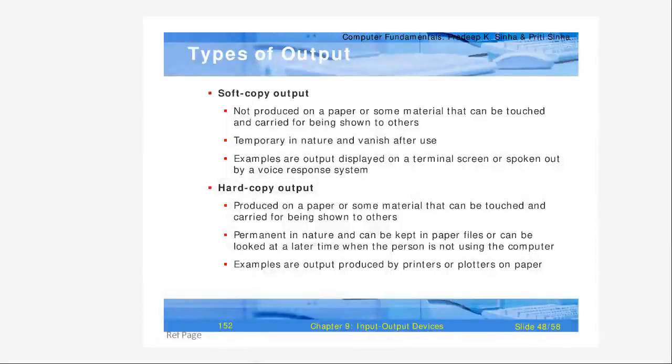So before going through the different output devices, first we have to understand that output devices produce a soft copy or a hard copy. Okay, I think all of you understand the difference between soft copy and hard copy. Soft copy किसे बोलते हैं बताओ?